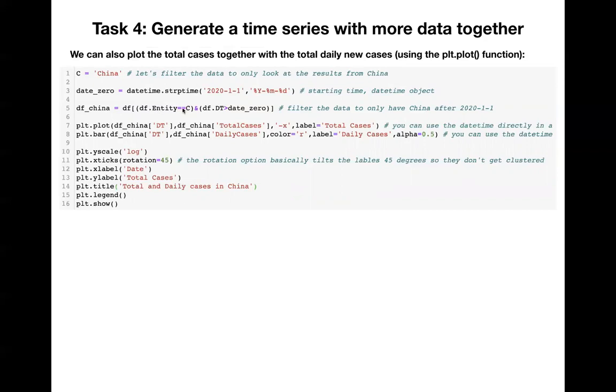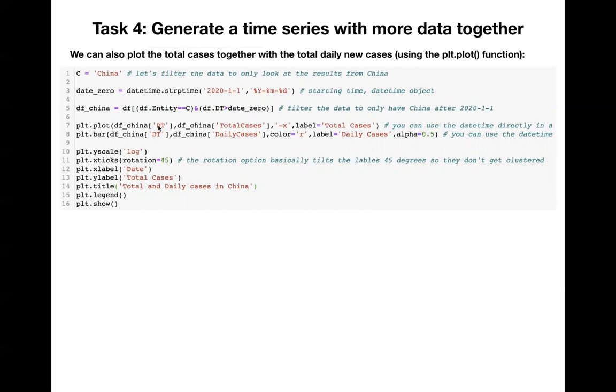Now the entity equals c. Well, c here is China. The reason I'm using c here is because you can just change it here, or you can loop over it with c. Entity equals China, and dt greater than date 0. Right, so now this is going to be the new data frame.